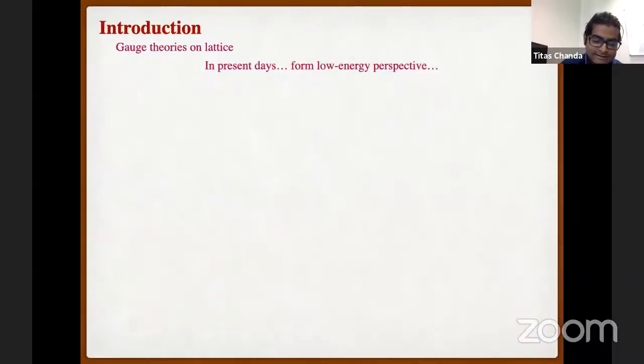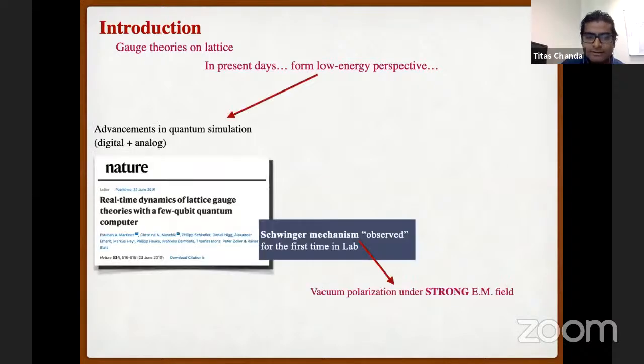However, these things have been going on from the 1970s, and these theories are from particle physics, high energy physics. So for a low energy physicist like ourselves, why are we interested in this subject? The answer I have already mentioned, that is quantum simulation, both digital and analog. The question is, can we simulate these physics in a tabletop experiment or not?